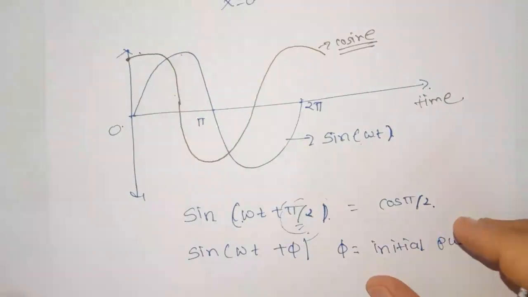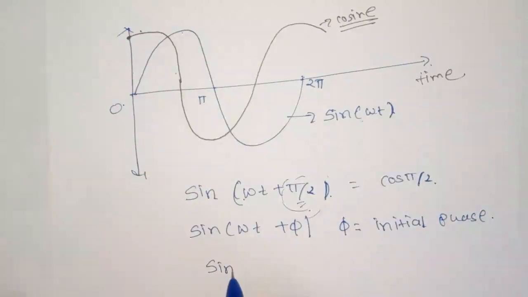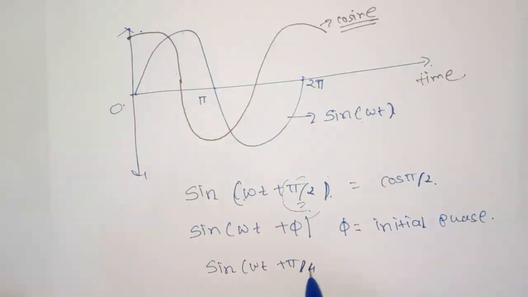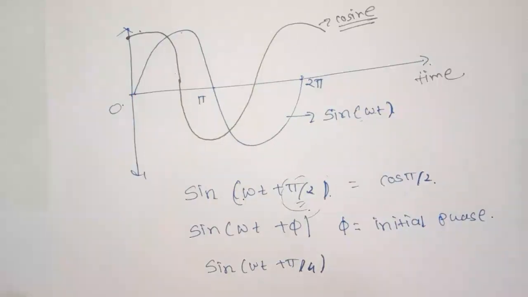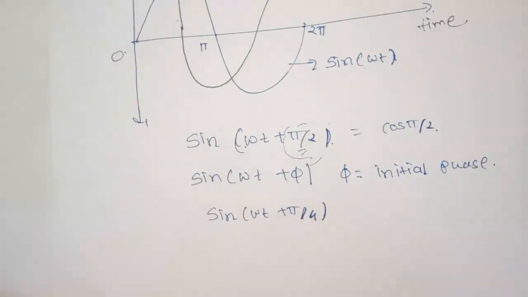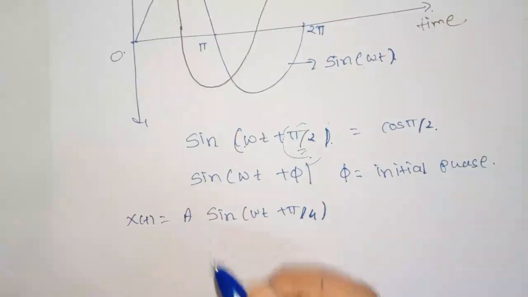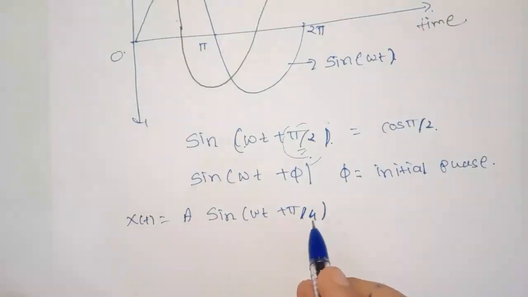Say for example, it is given that sine of omega t plus pi by 4, where the initial phase is pi by 4. We want to find the starting point from which the graph starts. So x of t is equal to a sine of omega t plus pi by 4.